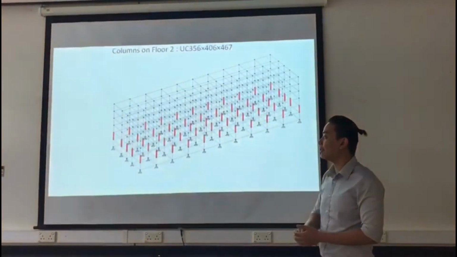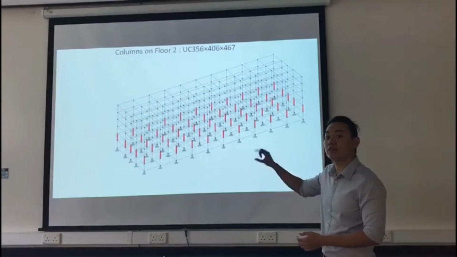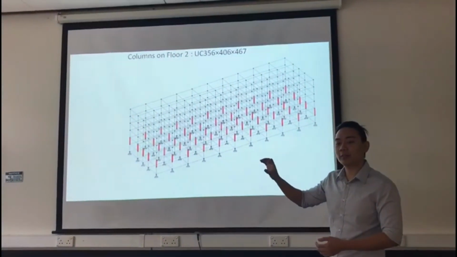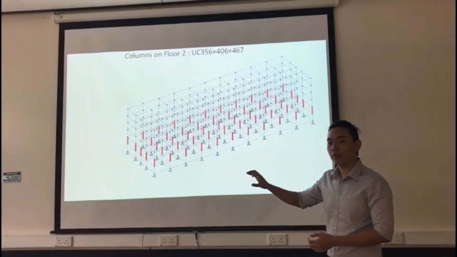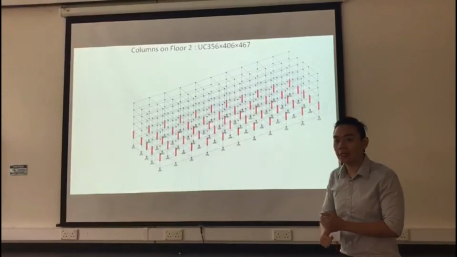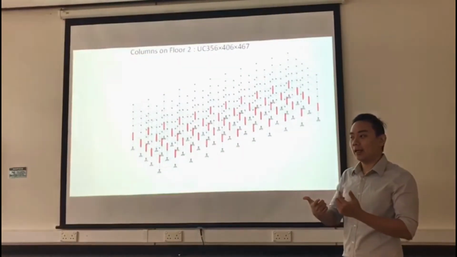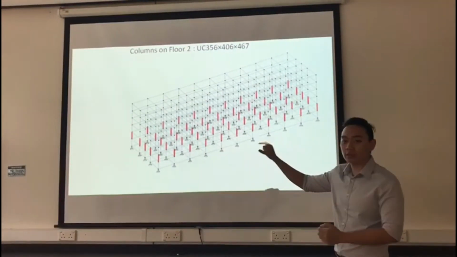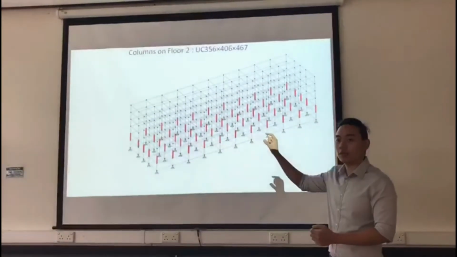Why we have different properties for the columns on each floor is because each floor will experience a different type of load force, and we want to achieve the cheapest price we can get, but at the same time the most stable and safe structure. That's why every floor we're using a different type of column.